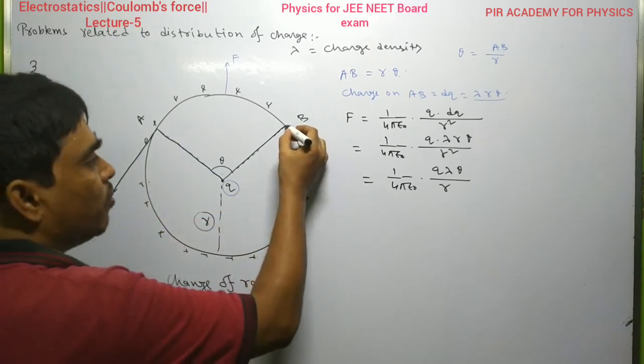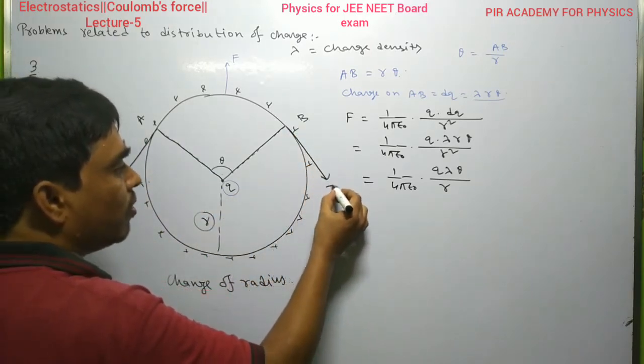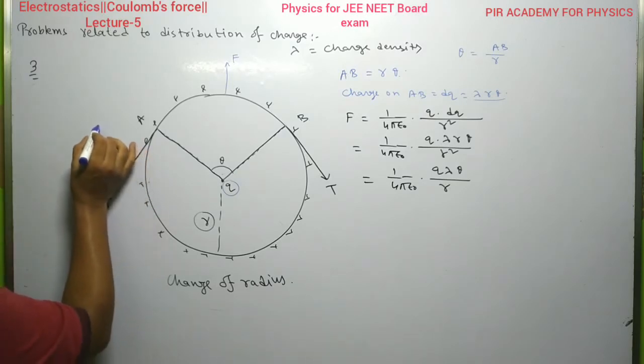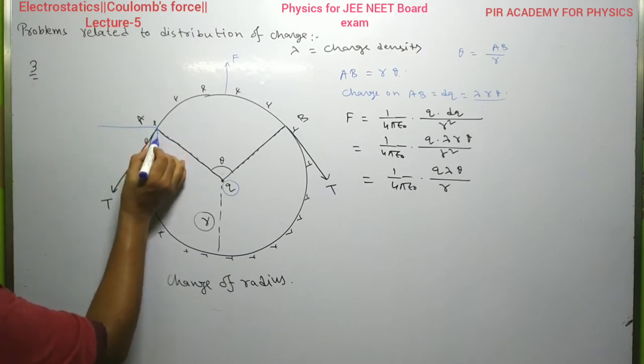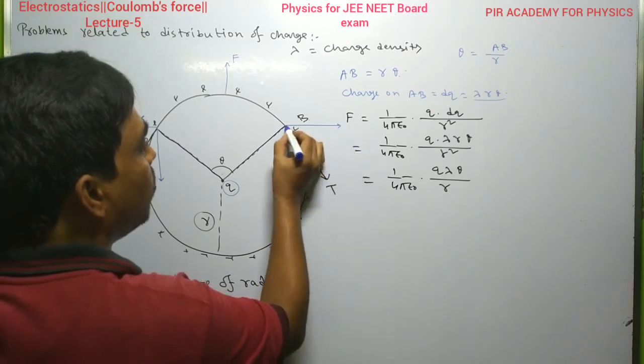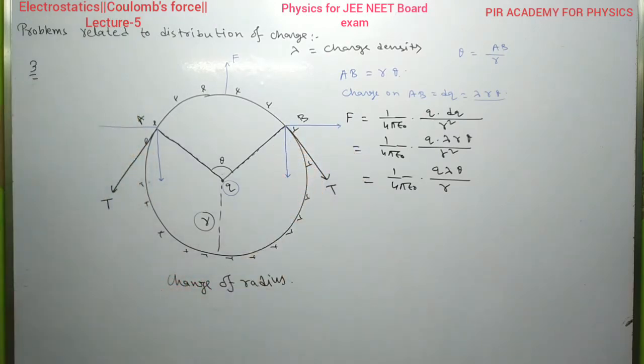So at this point the tension will be along this direction. So if I resonate this, tension will be along this direction, and if I resonate this tension, it will be along this direction.